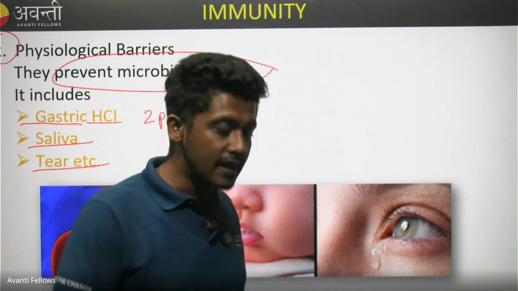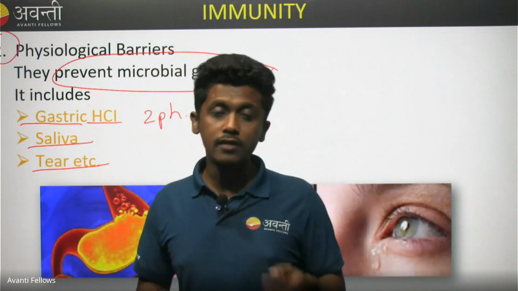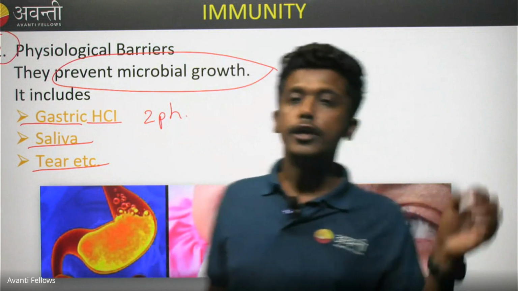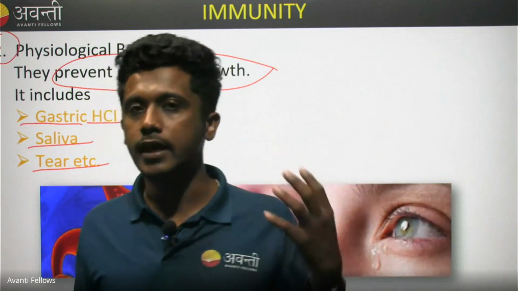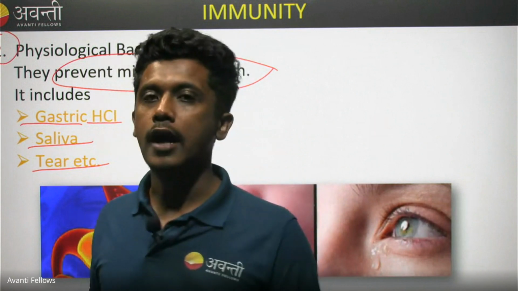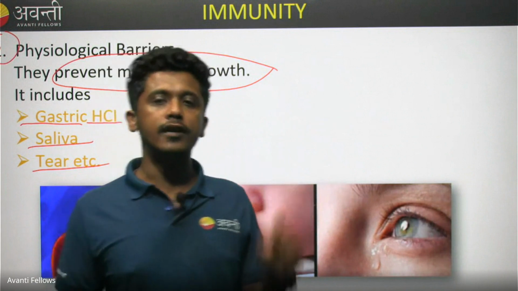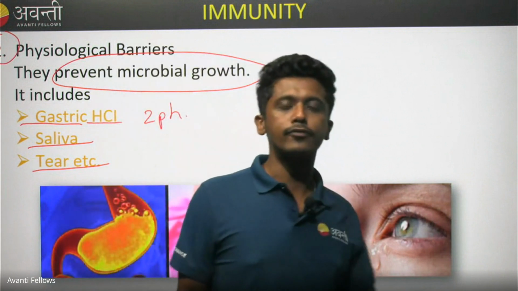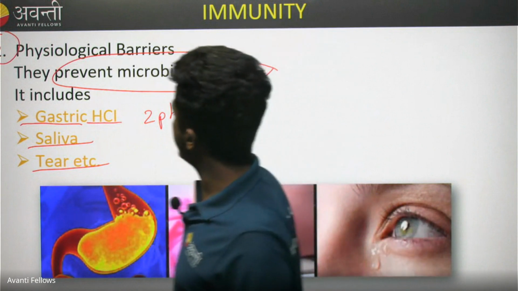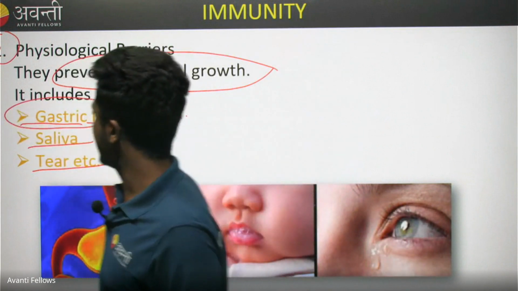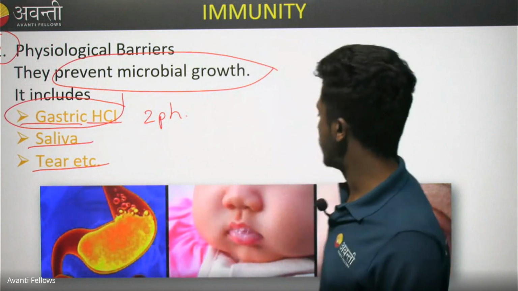One is that the HCl in the stomach helps us break down protein. And also, the HCl in the stomach neutralizes 98% of the microbes entering our body through the food and water we take in. We know that the majority of the infections we suffer from come from food and water. So that is why we have to give a large amount of credit to the gastric HCl present within your stomach.